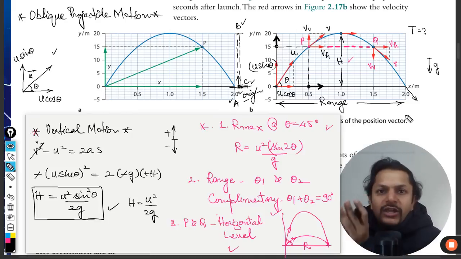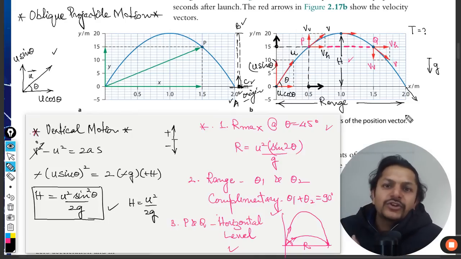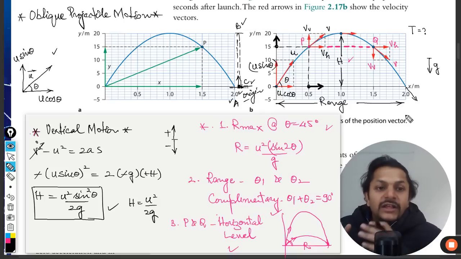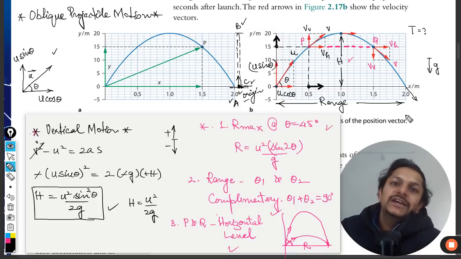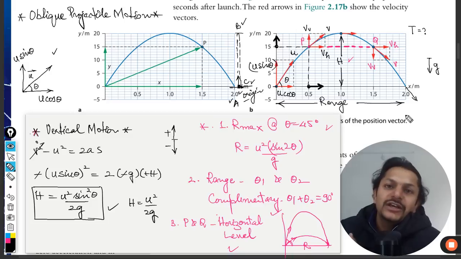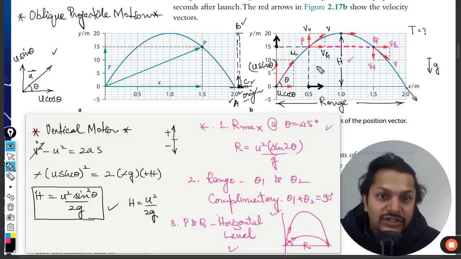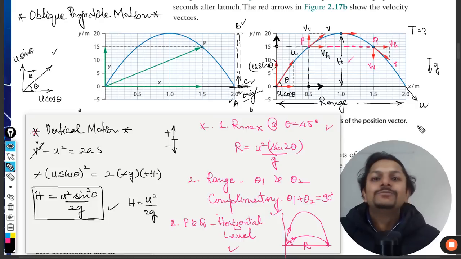So when it is going into the gloves of the player who is catching it in cricket, the ball is moving with the same speed. Do you get my point? At that time the fielder is catching the ball, it is moving at the same velocity. So this is u, this is also u.